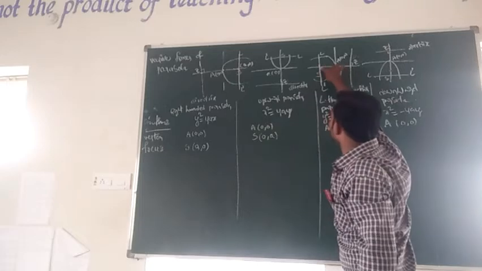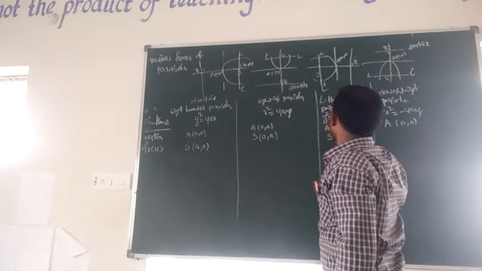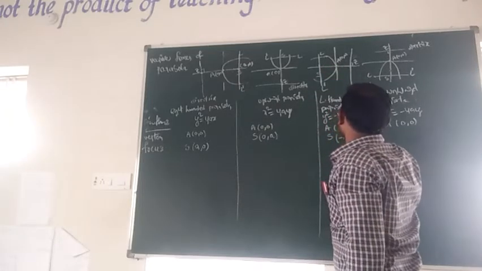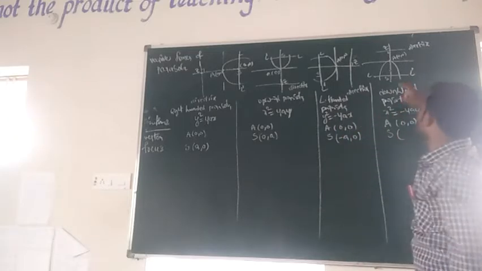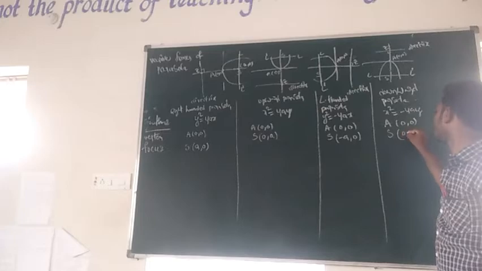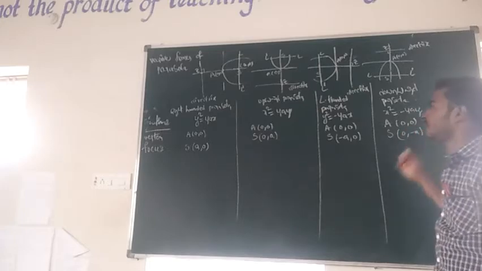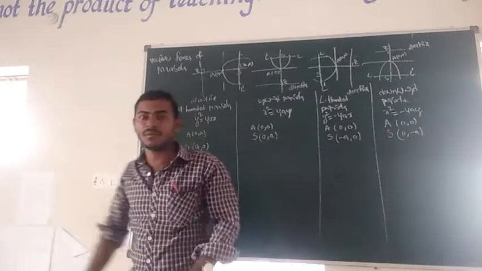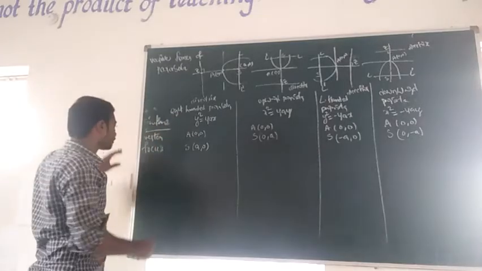The focus lies on the negative side of the x-axis, that is minus a comma 0, and here also the focus lies on the negative side of the y-axis, that is 0 comma minus a.